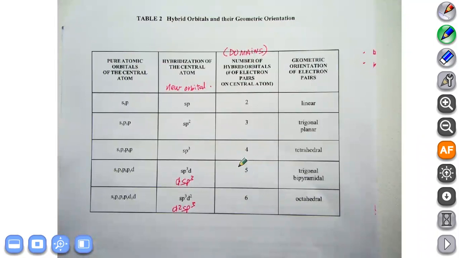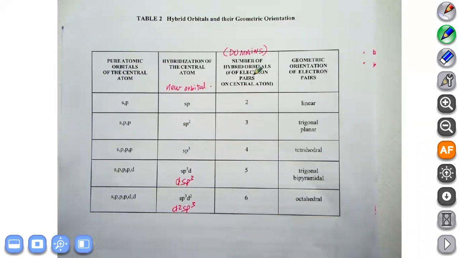So you can think of these as being domains. For now, we would say they have no lone pairs. Then their molecular geometry would be linear, trigonal planar, tetrahedral, trigonal bipyramidal, and octahedral. We'll be looking at the molecular geometry in just a moment and review that.